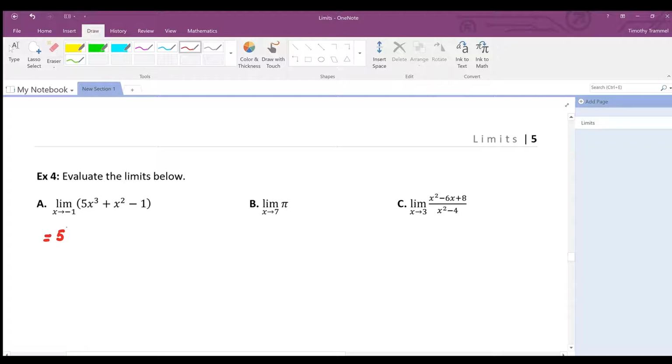As x approaches -1, it should be the same as at -1. So what we get is -5, and then a +1 -1, so this is just -5.